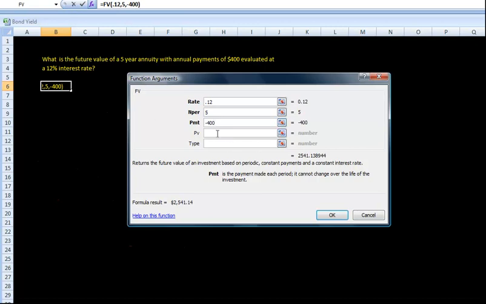And we don't put in anything in present value. We use present value for a single sum, which is what we did in the last slide. So if we leave that blank, we just are evaluating the annuity.